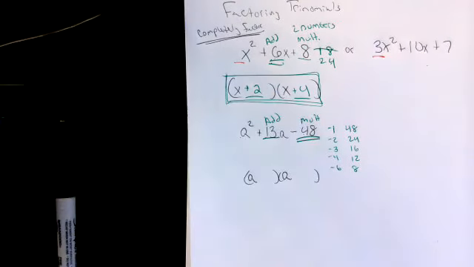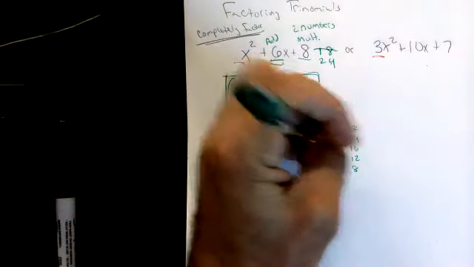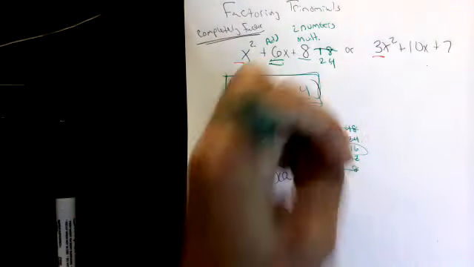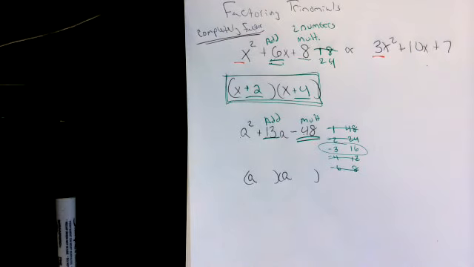This is all the numbers that multiply to get -48. And then we're looking for the group that adds to get 13. Okay, nope, nope, nope, nope. Yup. Okay, -3 plus +16 is the only pair that's going to add up to get 13.